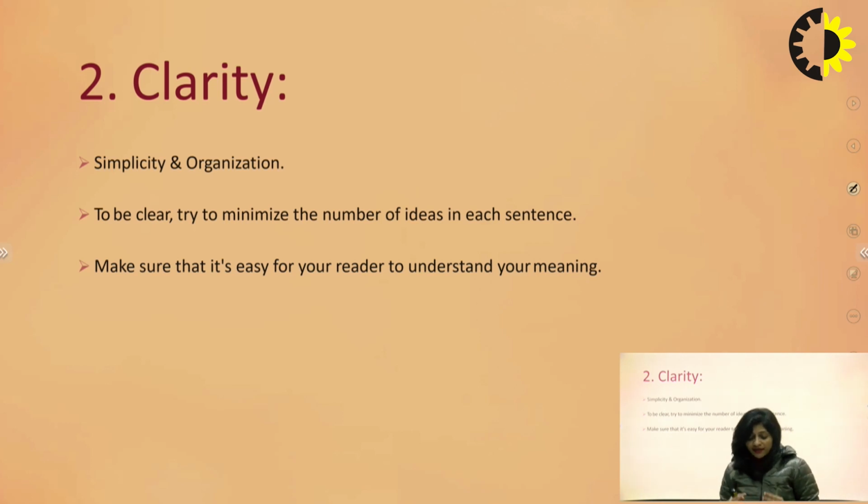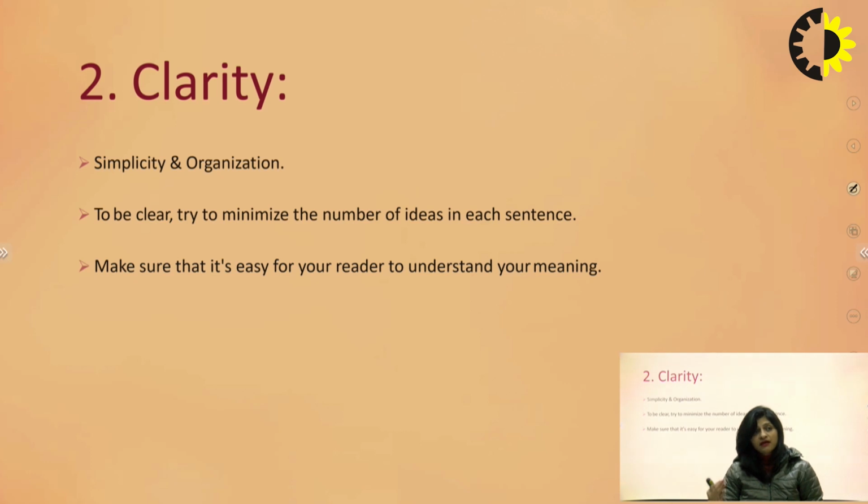So clarity means that it must be easier for the decoder to understand your message. It means that you do not make any assumption about the receiver, that he will be able to understand what you want to say. So please make sure that you write from the point of view of the reader.